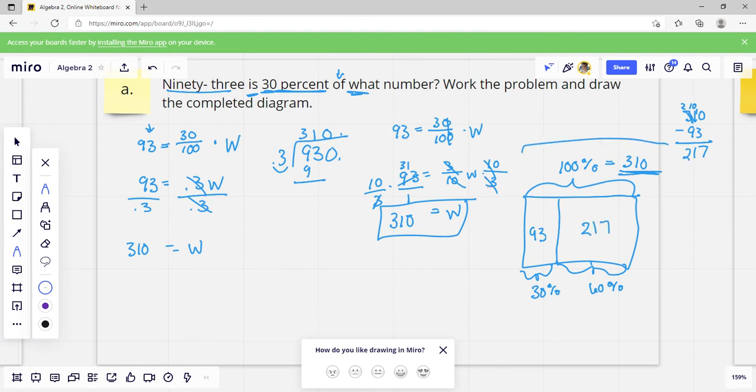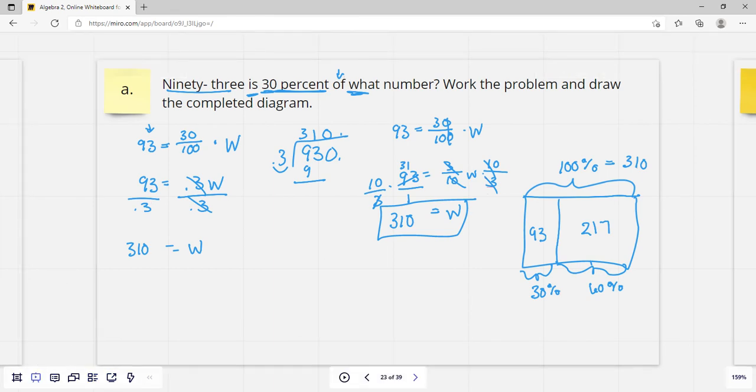Alright, so there is the diagram for that one. The diagrams can be helpful, but if you find them confusing, don't bother with it, right? Because if the diagram just makes it more confusing, then you don't have to draw it, as long as you're coming up with the right answer.